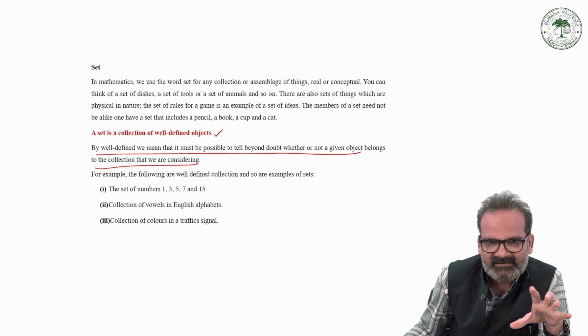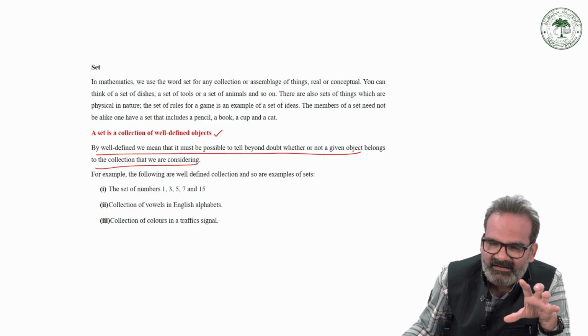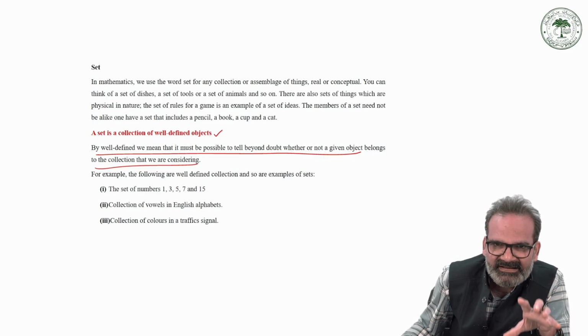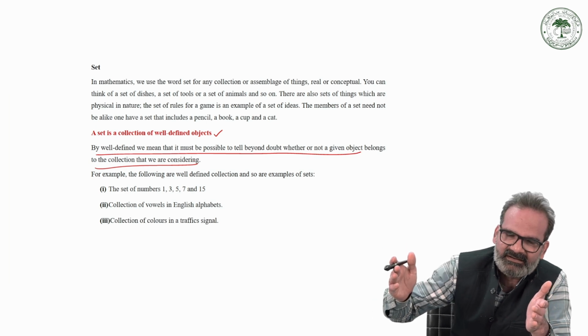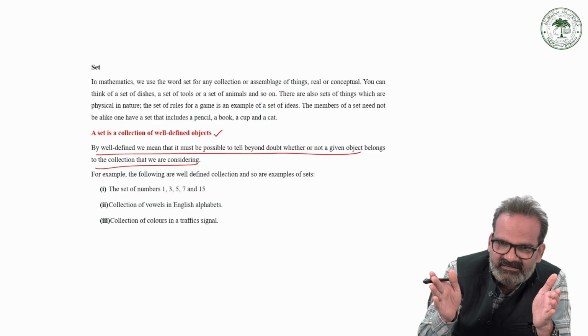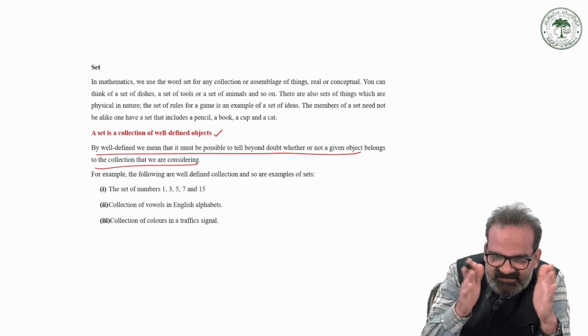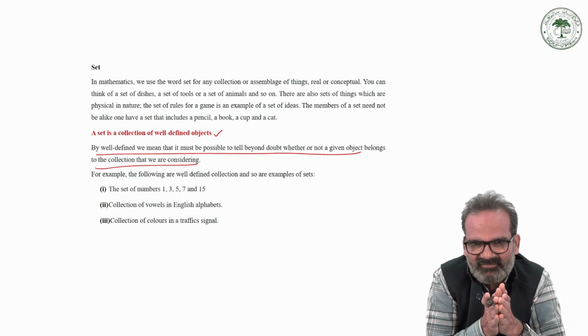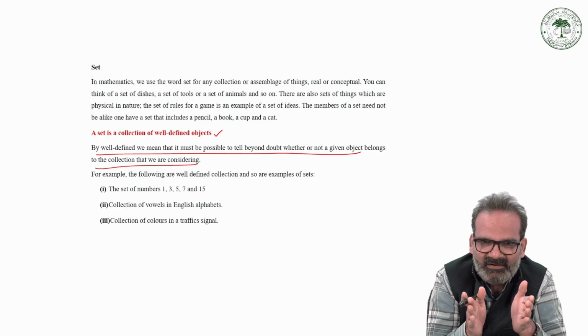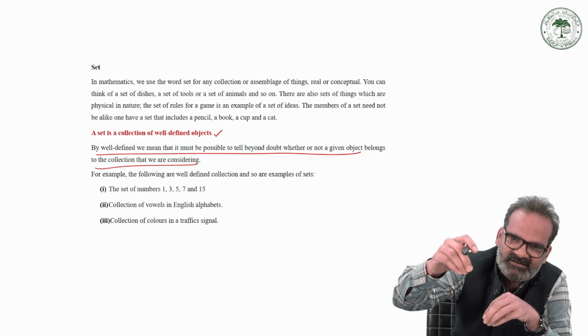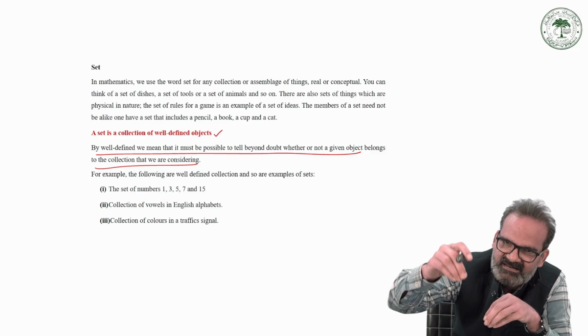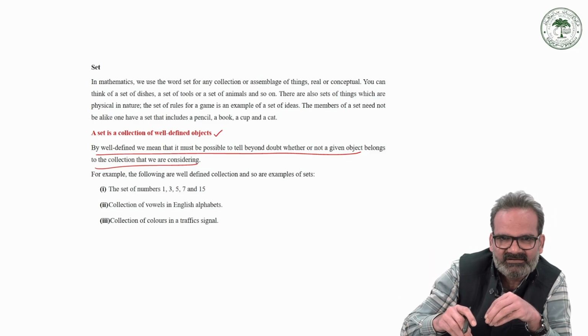Any collection of items is called a set if it is well defined, and the meaning of well defined is simply this: whatever items you have collected, try to obtain the common characteristic possessed by all the items which you have collected, and the characteristic or property which you have chosen among all the items, it must be either globally accepted or it must have its quantitative representation.